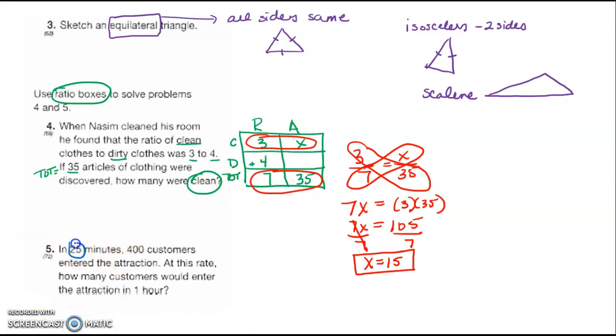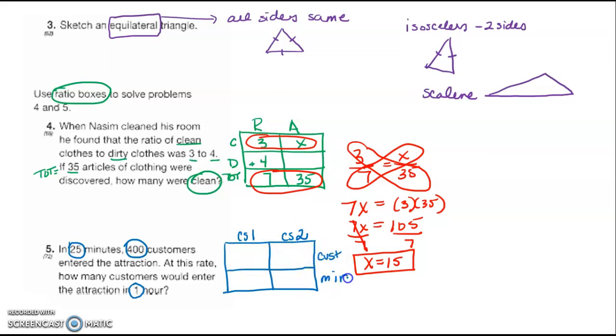All right, let's change colors here. In 25 minutes, 400 customers entered the attraction. At this rate, how many customers would enter in 1 hour? Now, we're going to do a case 1, case 2 ratio box here. Let's do customers and minutes.